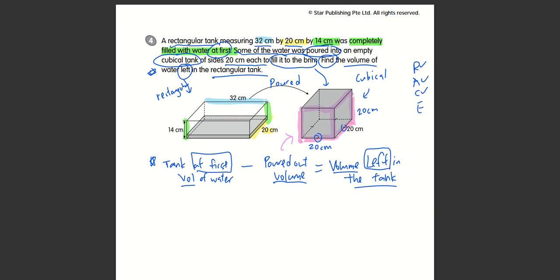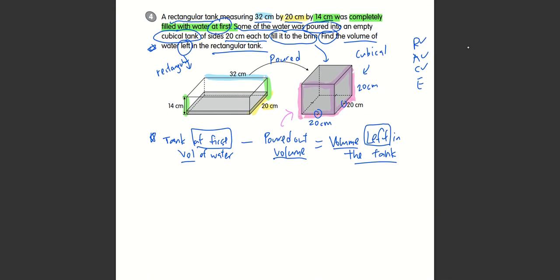So let's go with the steps. First, find the volume at first. And volume at first, we are talking about the tank being completely filled. So this is the tank volume, completely filled: length times breadth times height.